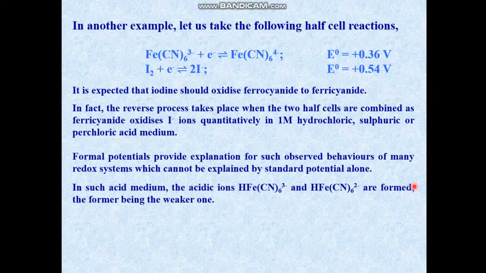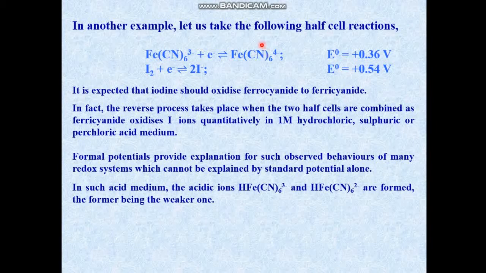Let's have a look. In the previous example, in the ferric-ferrous system, as I said, complex ions are formed, and the ferric ion has more tendency to form complexes with negative ligands because it is more positive. Now here, look at the ionic atmosphere in the ferricyanide and ferrocyanide systems. The ferricyanide is less negative than the ferrocyanide.